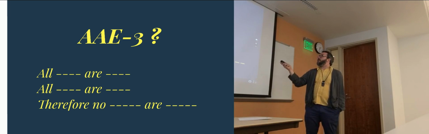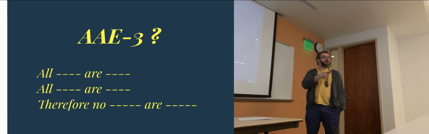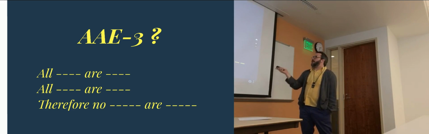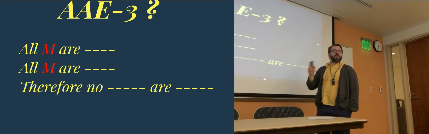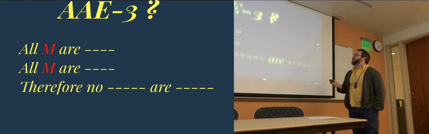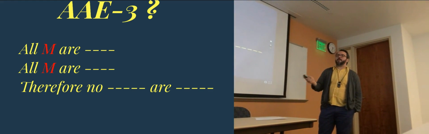Because this is figure 3, I know exactly where my middle terms go. Where do my middle terms go? Left side, also known as the subject, right? Subject of both premises should be my middle term. There it goes. Subject of both premises is the middle term.